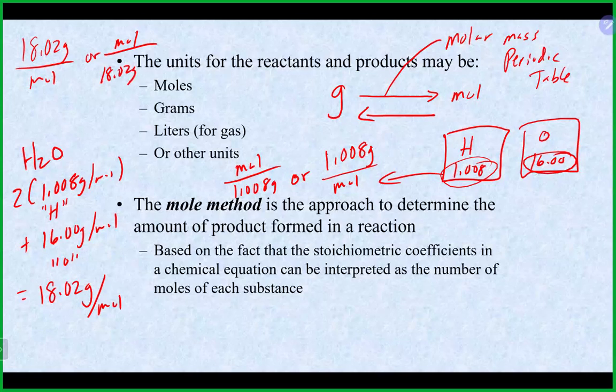So that, in stoichiometry problems, is a calculation we use a lot. We use it at the beginning of the problem a lot of times, and we use it at the end of the problem. So that kind of conversion factor, molar mass from the periodic table, is a very common one. Avogadro's number, not so much. So usually this is going to be a lot of times molar mass and grams to moles.